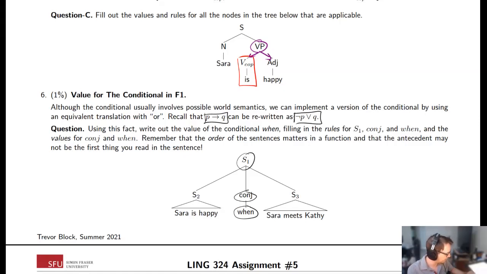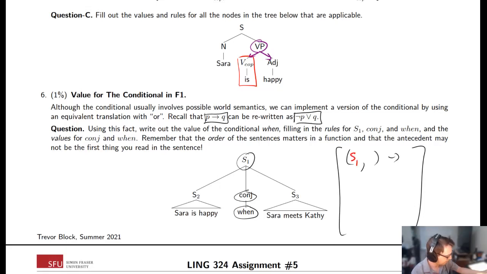When we take the sentence, Sarah is happy when Sarah meets Kathy, what I do want to say for this one is that remember when we translate a sentence, one side is the antecedent and one side is the consequent. That matters. So when we have ordered pairs in our little matrix, the ordered pair matters.